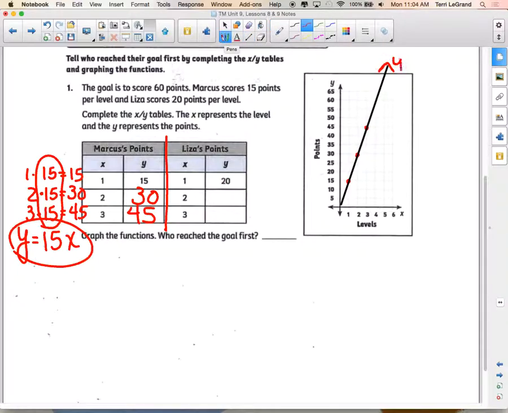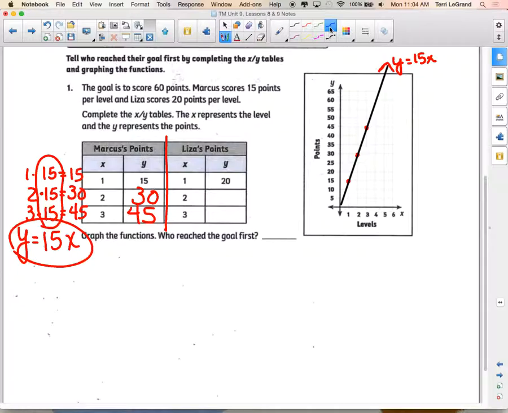And at the end of your ray, I want you to write the equation of that line, even though it's a ray. A ray is part of a line. Okay, that's Marcus. Should we read through Liza, or are you still drowning? Still catching up?